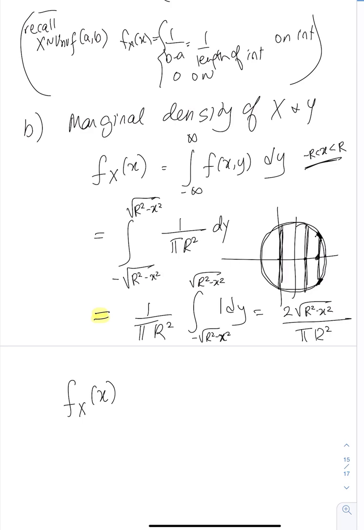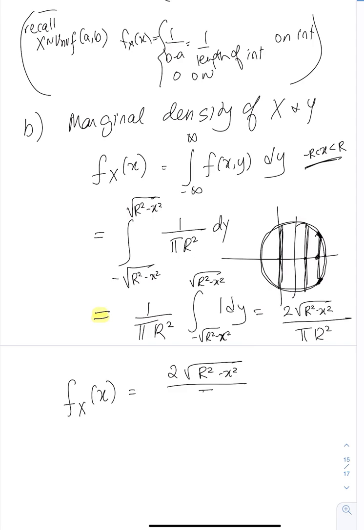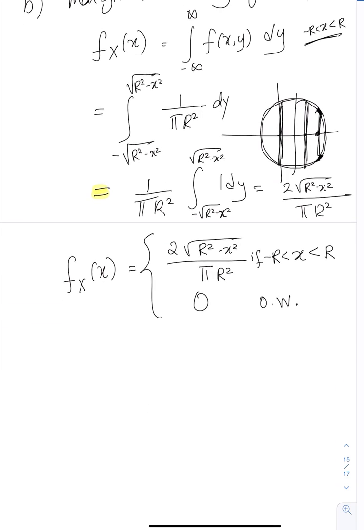The probability density function of x will be 2 square root of r squared minus little x squared over pi capital R squared if x is between negative r and r, and 0 otherwise. Okay, so that's the marginal density of the random variable x.